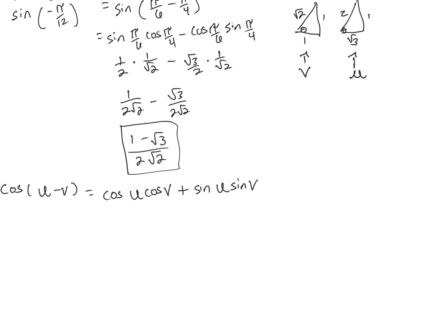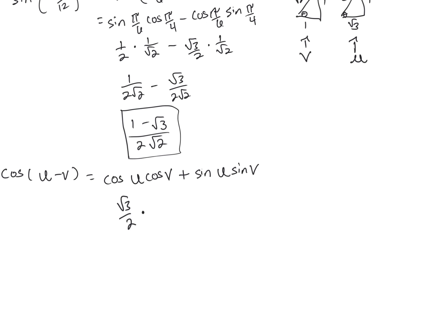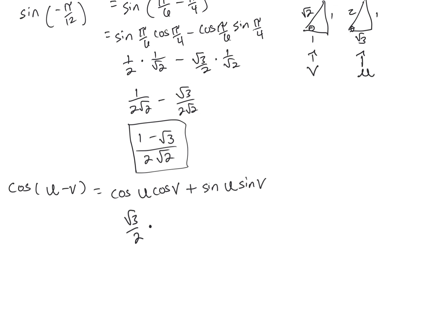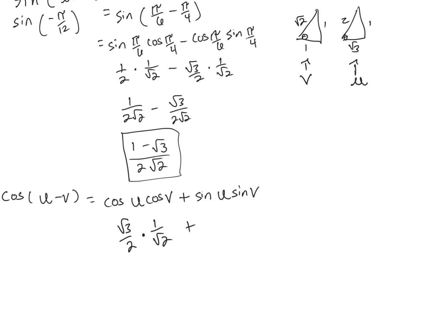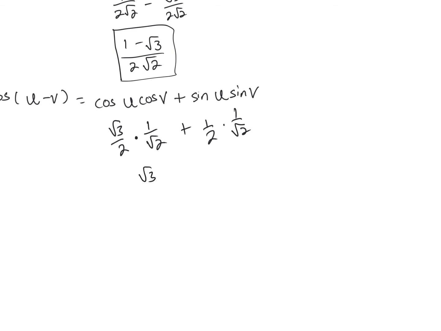So here my cosine of u is root 3 over 2 times cosine of v, which is 1 over root 2, plus sine of u, which is 1/2, times sine of v, which is 1 over root 2. That is root 3 plus 1 all over 2 root 2.